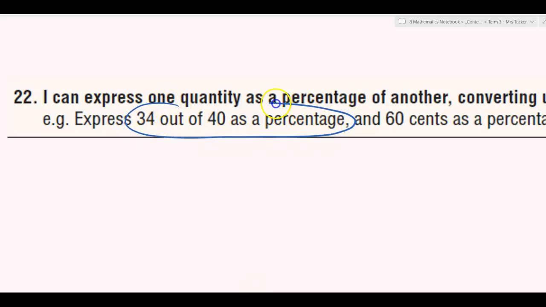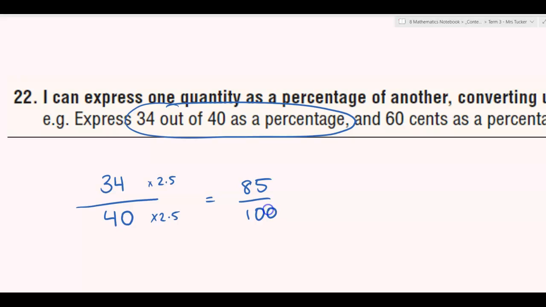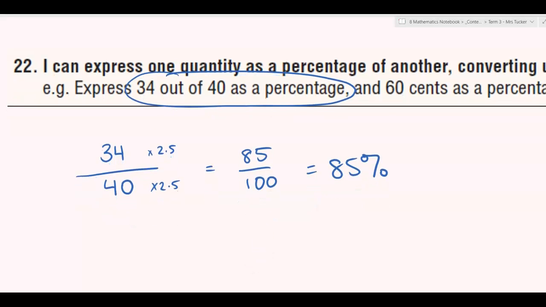All right, I can express one quantity as a percentage of another. So 34 out of 40, convert that to a percentage, please. Nice, we could remember our strategy from earlier, which equals times by 2.5. 85%.